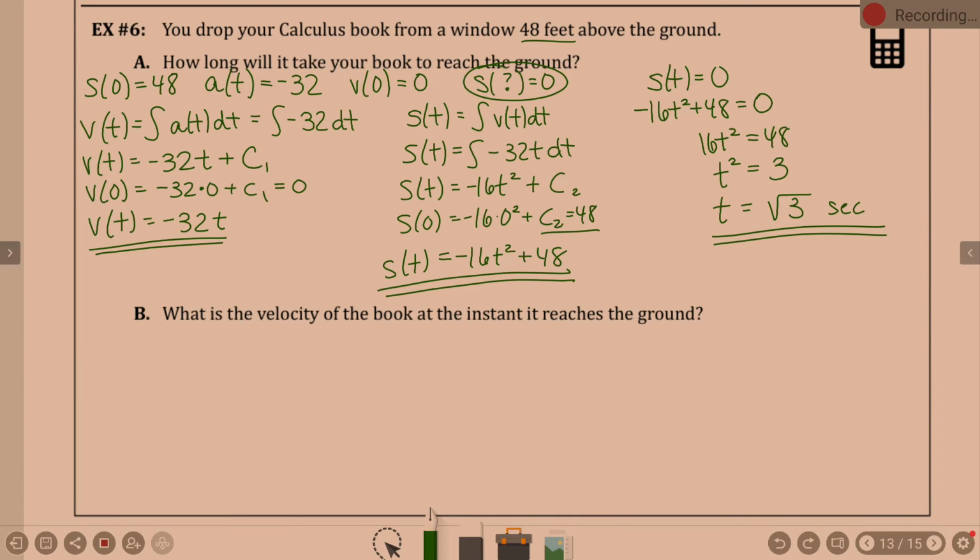What is the velocity of the book at the instant it reaches the ground? And what is our t value? Square root of 3. Now this is where you should use square root of 3 to plug it back in. That's going to be your best bet as opposed to the 1.7 whatever number. Not saying that was the wrong answer earlier, just plugging back in, go for precise. So velocity of square root of 3, plug it in.